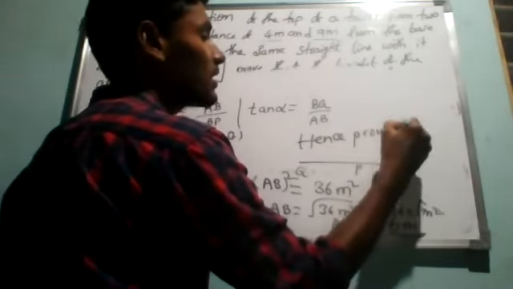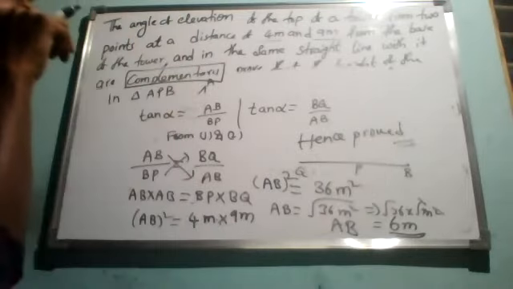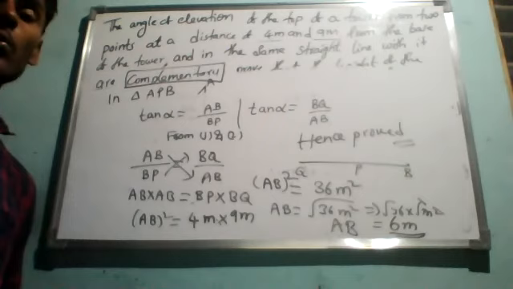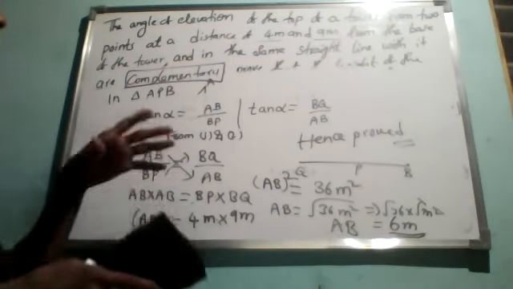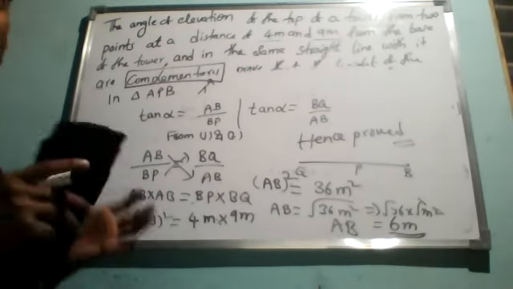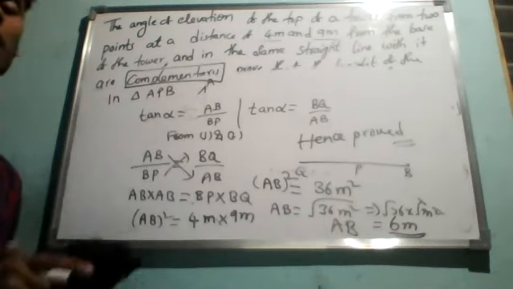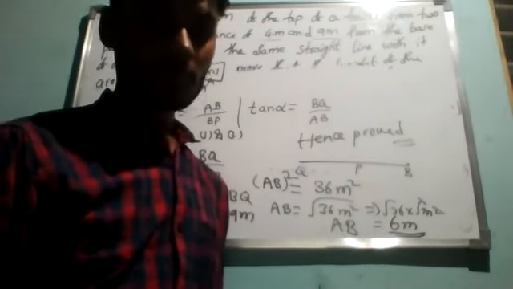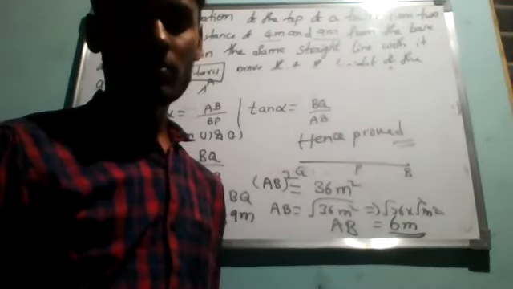Hence proved that the height of the given tower is 6 meters. Like this you have to prove the questions which they are asking indirectly, without mentioning the angles. Understand? Thank you.